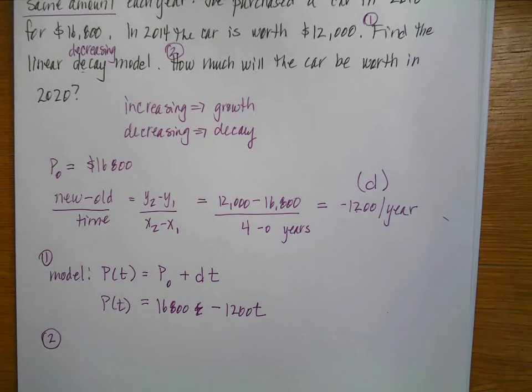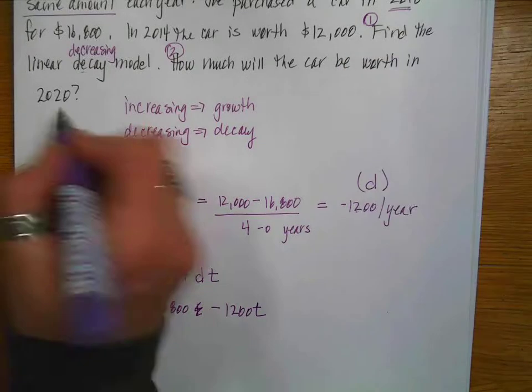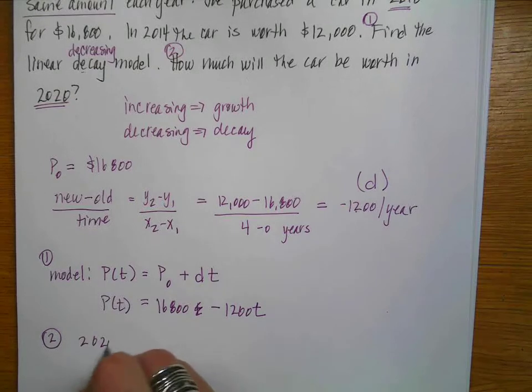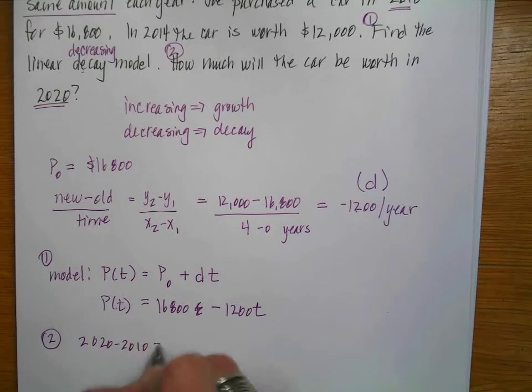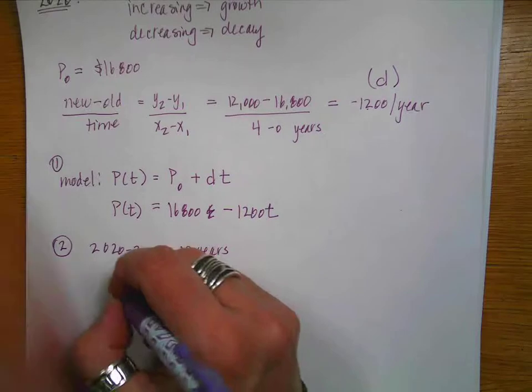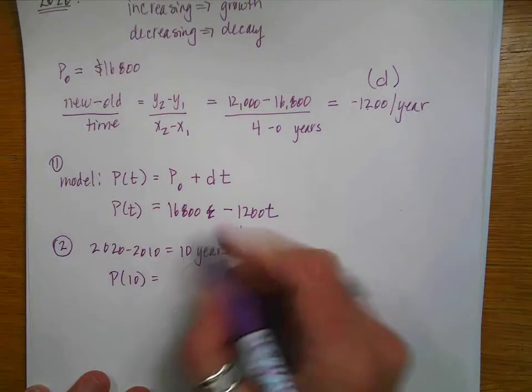Our second task is how much is the car going to be worth in 2020? So if we bought the car in 2010, to get to 2020, 2020 minus 2010 is going to be 10 years. So I want to do P of 10.